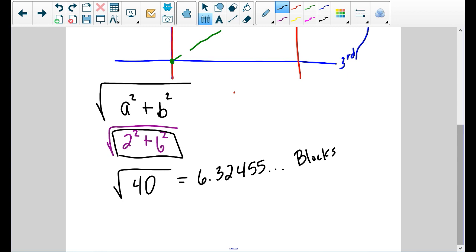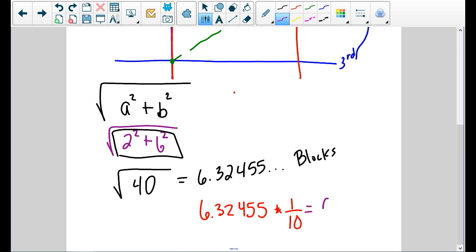So I'm going to take this 6.32, and again, you don't have to round it. You have a calculator, right? So just take that times 1/10. Okay? So in your calculator, just hit times 1/10. And what happens?